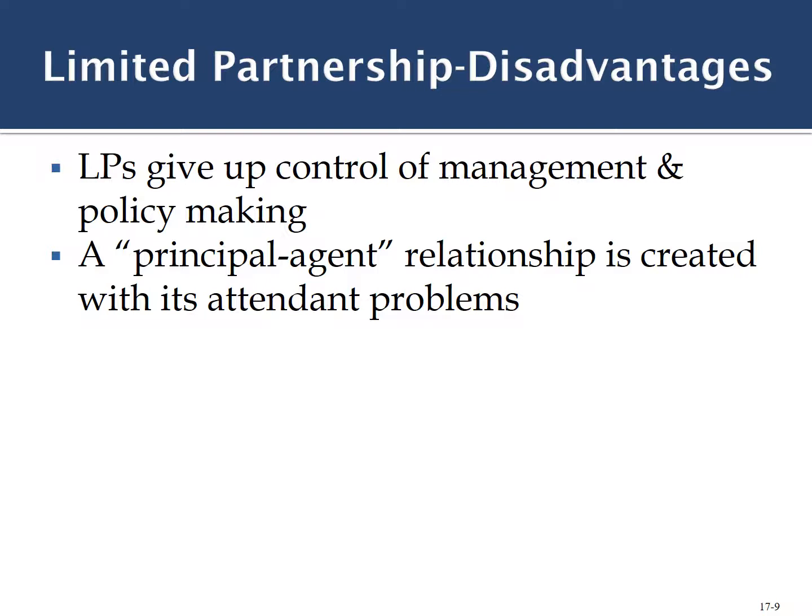Additionally, a principal-agent relationship is created, and all of the problems that come with that will apply. We'll talk more about the theory of principal and agent when we talk about contracts, but just as a small aside, the general partner has a fiduciary or financial responsibility to act in the best interest of the limited partner.